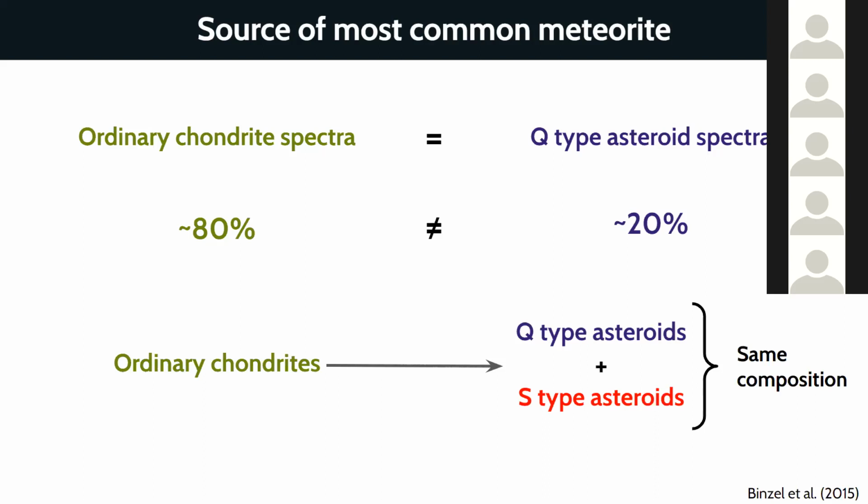Basically, Q-type asteroids are what they call unweathered, or they have a fresh exposed surface because of close encounters with the planet. And S-type asteroids are more weathered. So on the surface, they don't look exactly the same, but overall, they have the same composition.